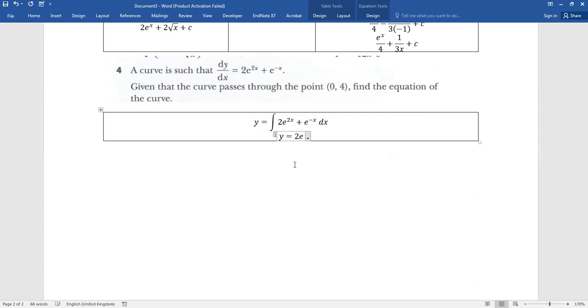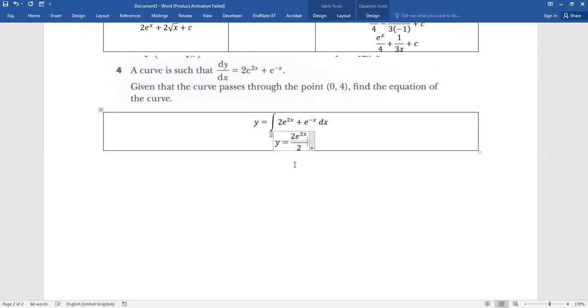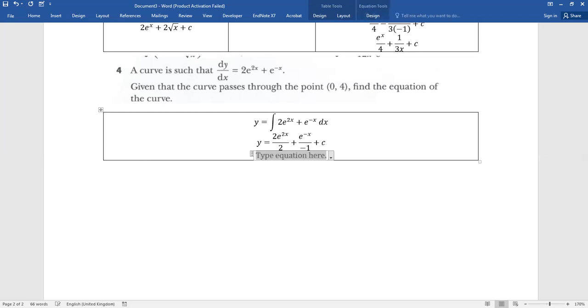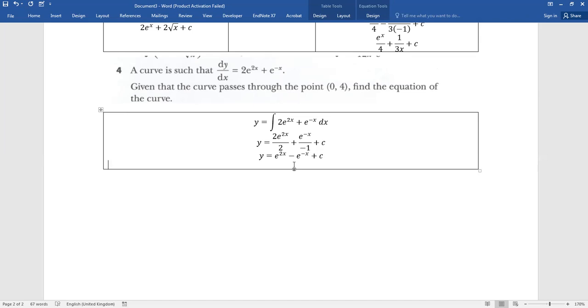What will I get once I integrate it? E to the power 2x minus e to the power negative x plus c. Now, how do I figure out c?